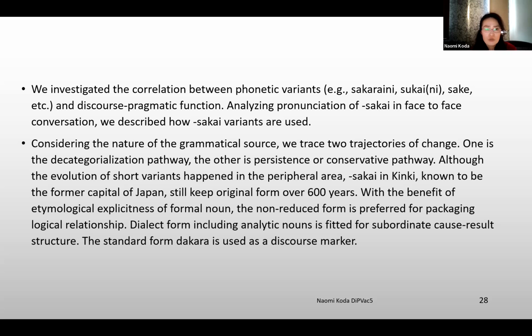With the benefit of etymological explicitness of the formal noun, the non-reduced form is preferred for packaging logical relationship. The direct form, including the analytic noun, is fitted for subordinate cause-result structure. The standard form dakara is used as a discourse marker.